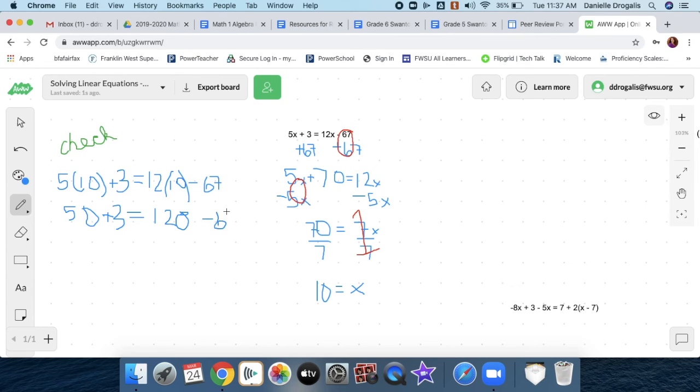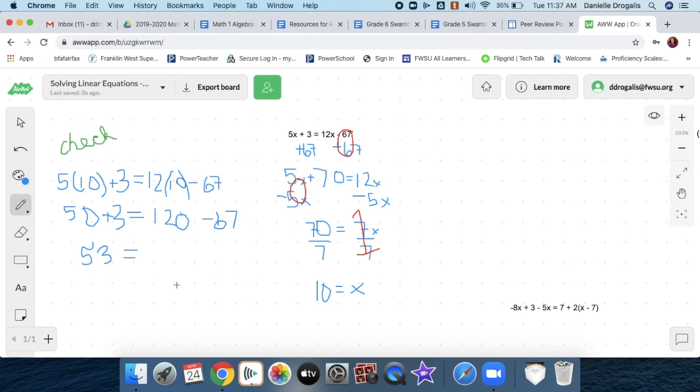Minus 67. Okay. Let me see if I can erase what almost, there you go. Almost looked like an 8 accidentally. Okay, so 50 plus 3 is 53. And then 120 subtract 67.